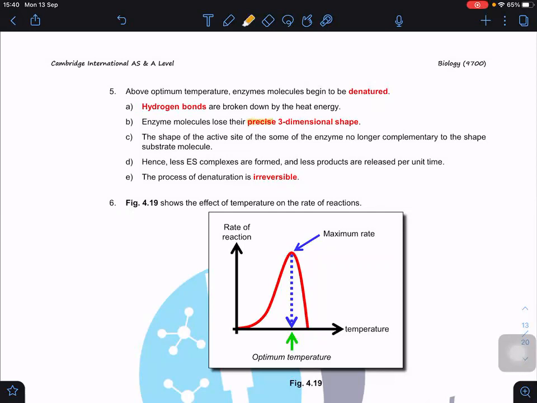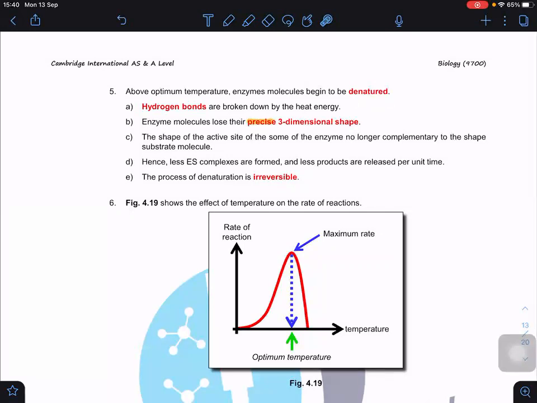Highlight the word precise. Now this is very important, guys. A lot of students say they lose their three-dimensional shape. Impossible. Every single matter in this world has a three-dimensional shape. No matter what, the enzyme won't lose its three-dimensional shape; it won't go from three-dimensional to two-dimensional to one-dimensional. Impossible.